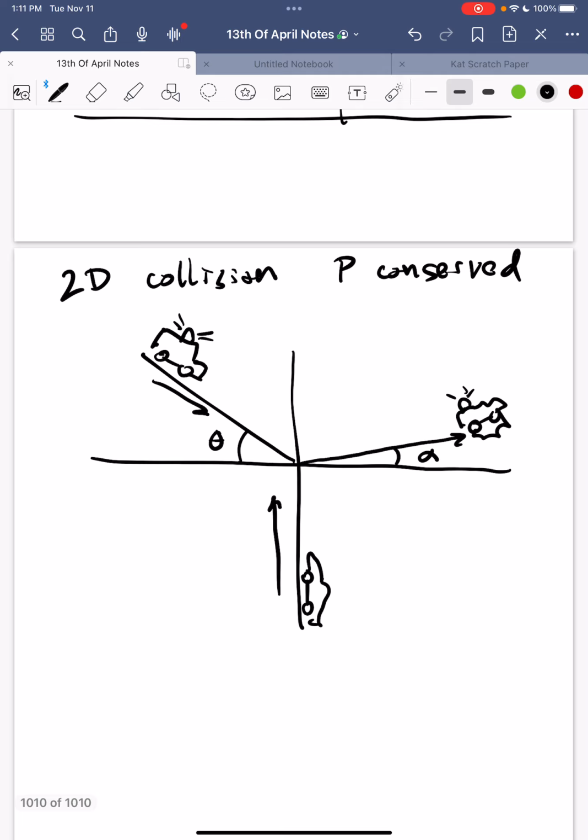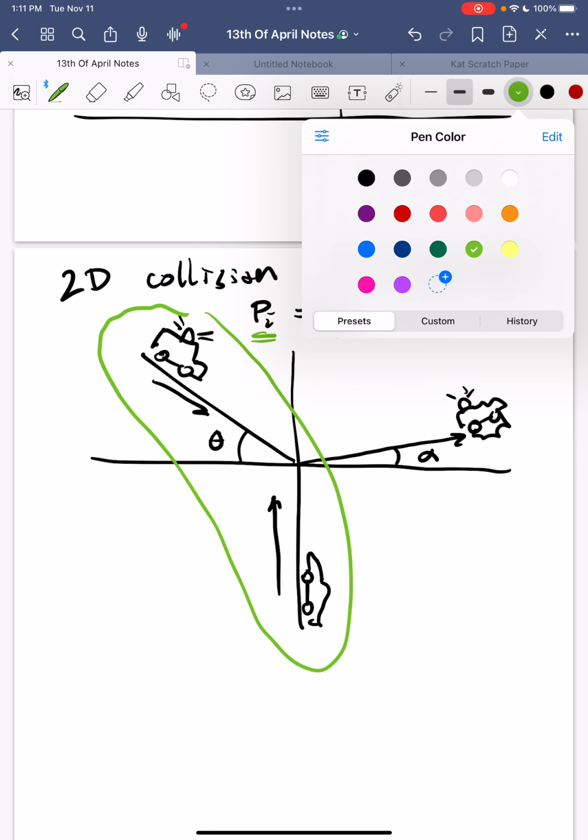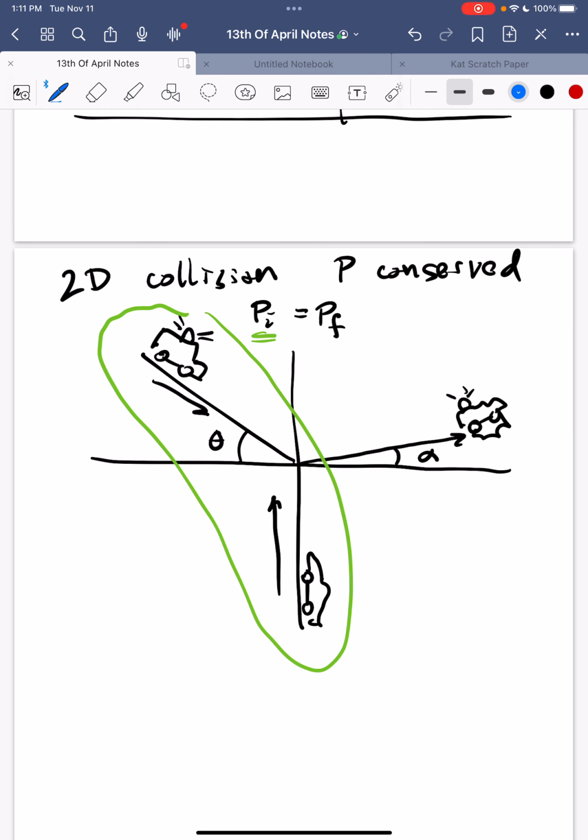And what we know is that the initial momentum must equal the final momentum. So the initial momentum of the two cars coming together is given by this system here. That's the initial momentum. And then that's going to be basically equal to the final momentum, which is this traveling there. So these guys have to be equal to each other because there's conservation of momentum, even if you have a smashed up car.